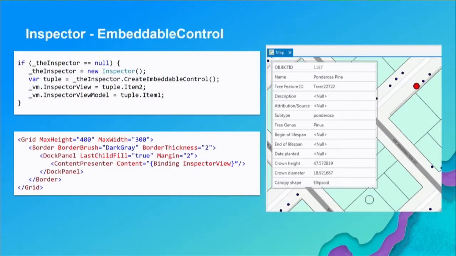The control gives us access to the view model and view, so it's using the same patterns internally. And if we're just hooking it into a dock panel, this is the very nice out-of-the-box property grid that would be offered as part of that user experience.